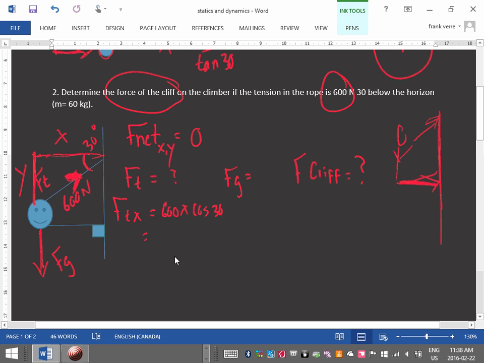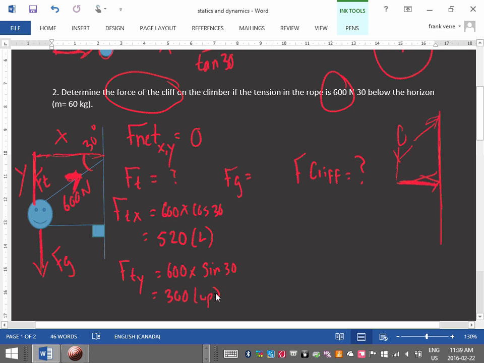Should be 500 and something. 520? Okay, 520. And we'll just say to the left for now. Okay? There's also force in the y direction, which would be the opposite side. So it's going to be 600 times sine 30. And that would be 300. 300 up.